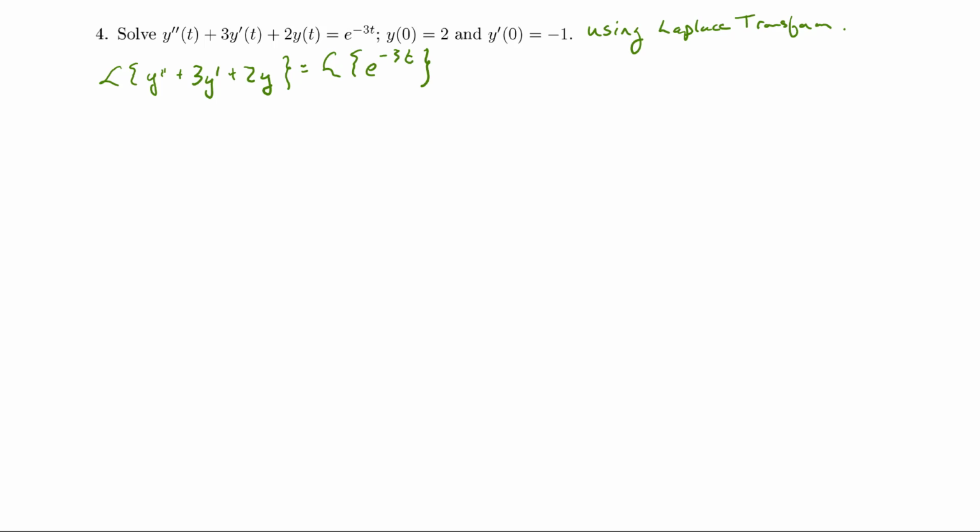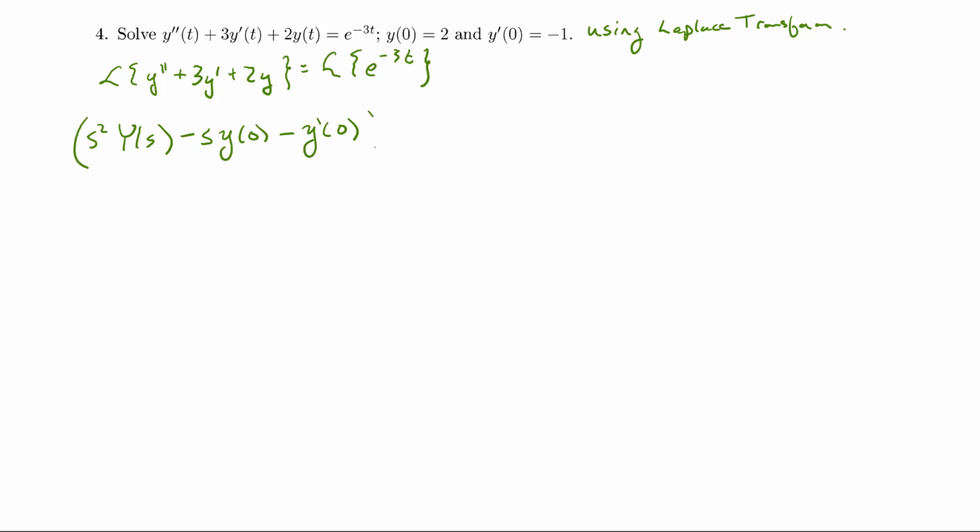And we had a theorem that said how we would take the Laplace transform of derivatives of some function. And we learned that that would give us, in this case, for the second derivative, s squared times the Laplace transform of y, which we'll just call y of s, minus s times y0 minus y prime 0.